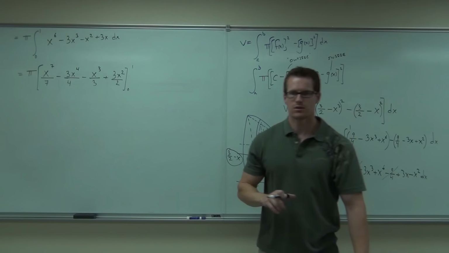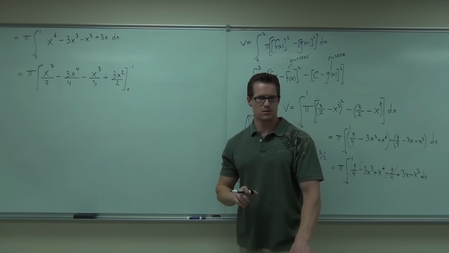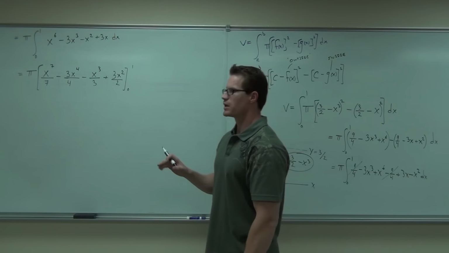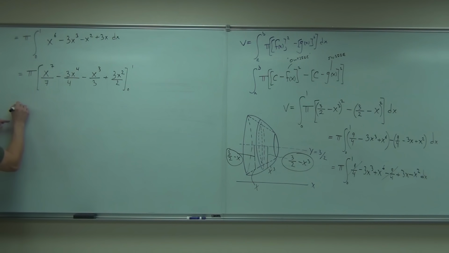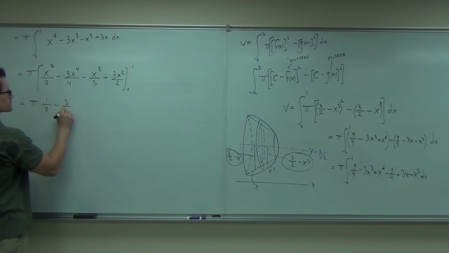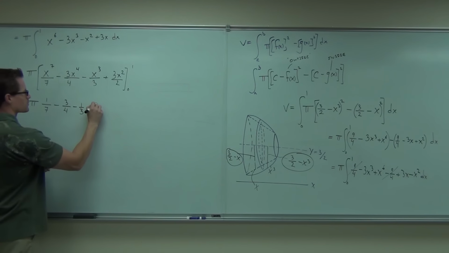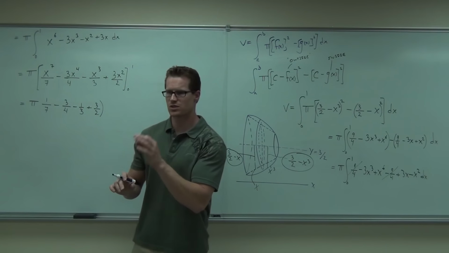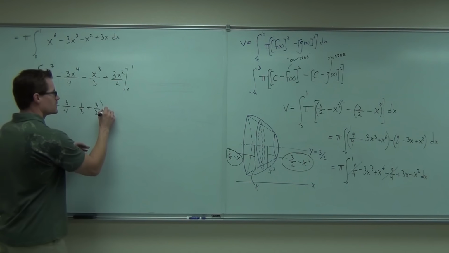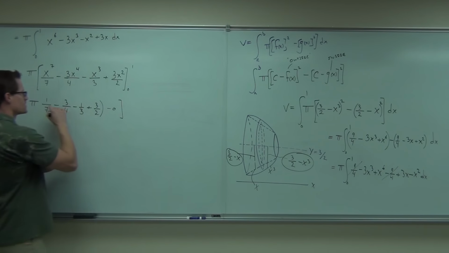Same thing? Now we're going to plug in 1 first, then we'll plug in 0. If I evaluate at 1, I'm going to get 1/7, 3/4, 1/3, and 3/2. I checked the 0, and every term is just going to be 0.